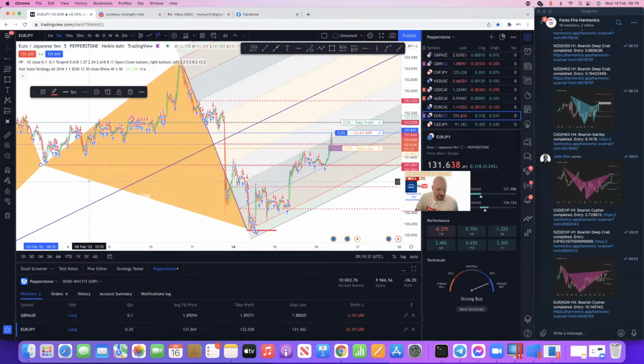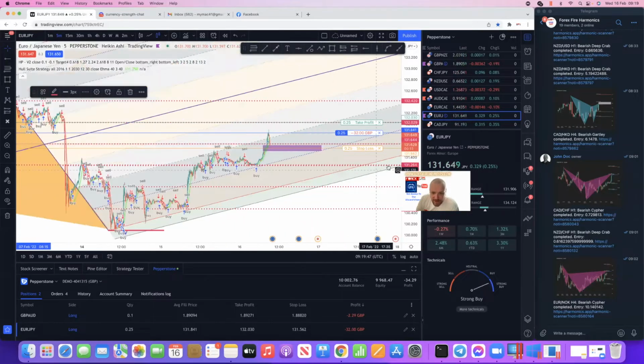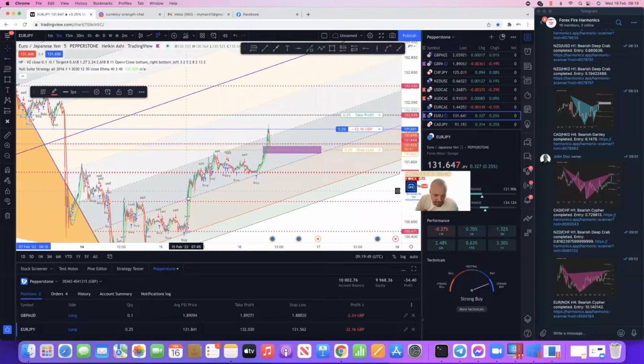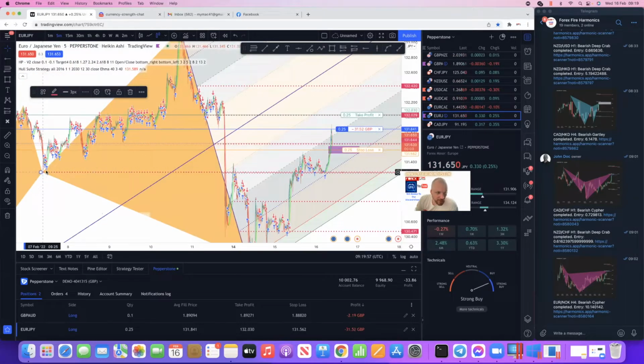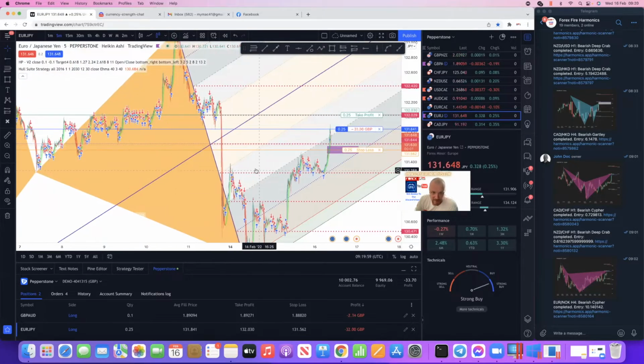We've bounced above the 50% area, actually, so that's good. So we've come up. You see what I mean by 50% area of a pattern? It's come up, it's bounced, and then it's took off. So we are above that 50% area now.